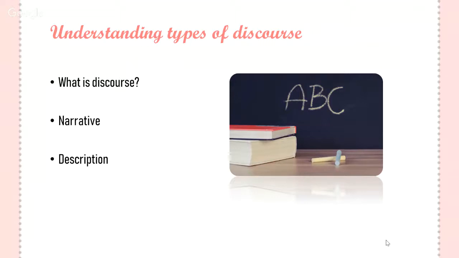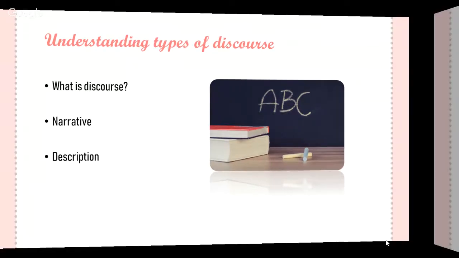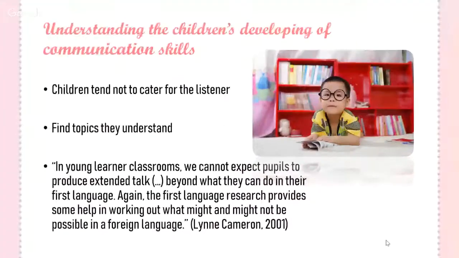Now, moving on to the second thing that we have to understand: how children develop communication skills. In the early ages, they tend not to cater for the listener. They don't plan their talk. They don't adapt it in order to make themselves clear.